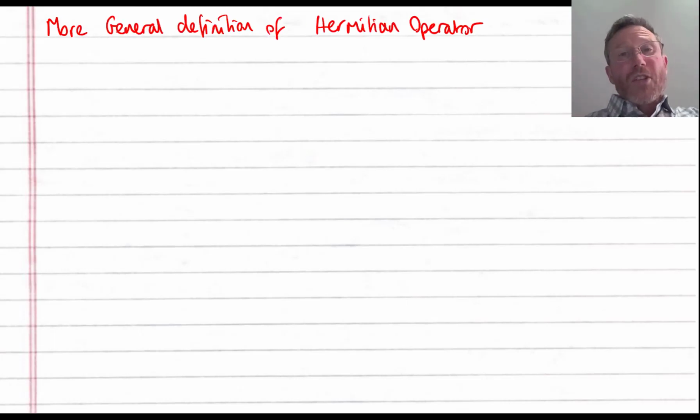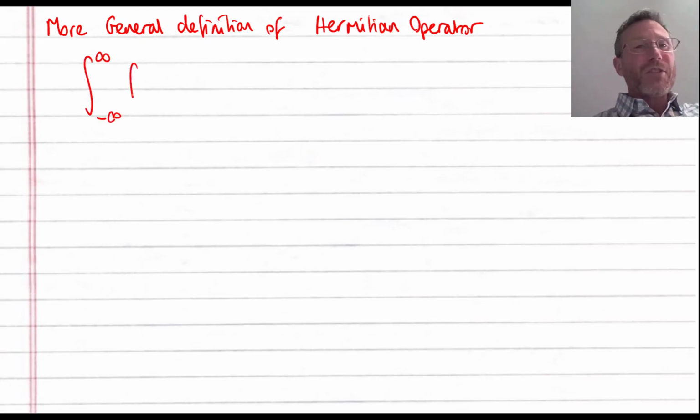The point of this is to come up with a notation that saves us a lot of time and a lot of ink. So let's come back to that more general definition of a Hermitian operator. This is the piece that you really need to learn.